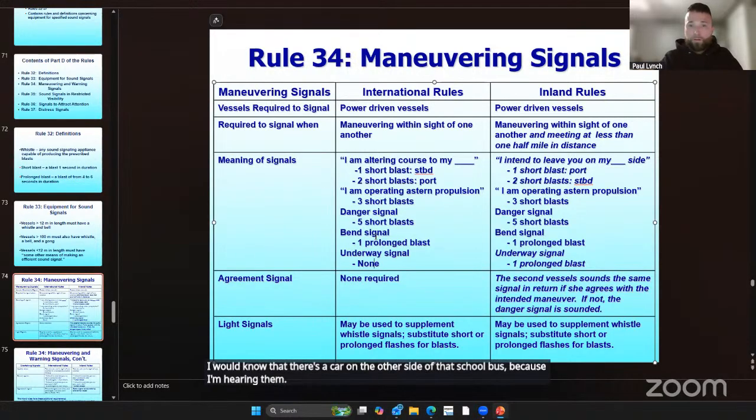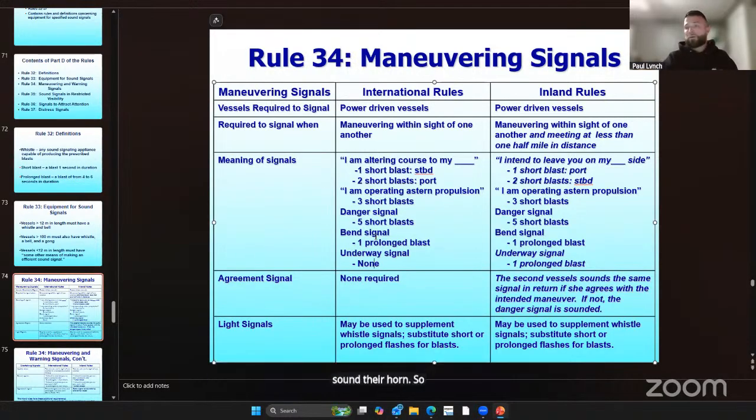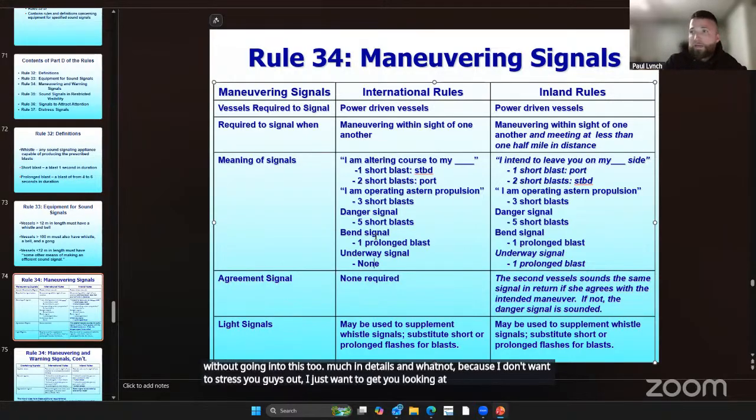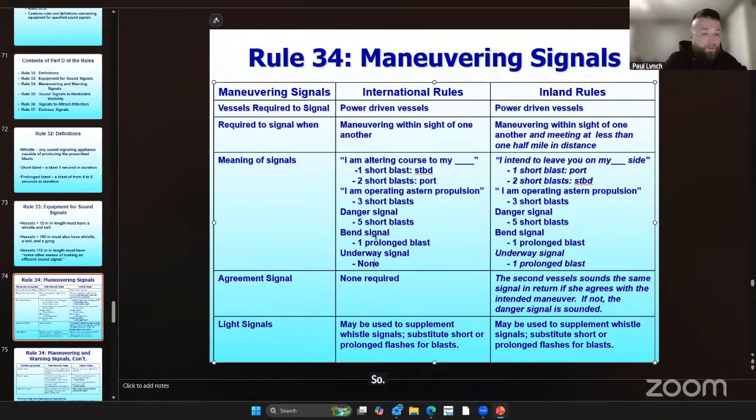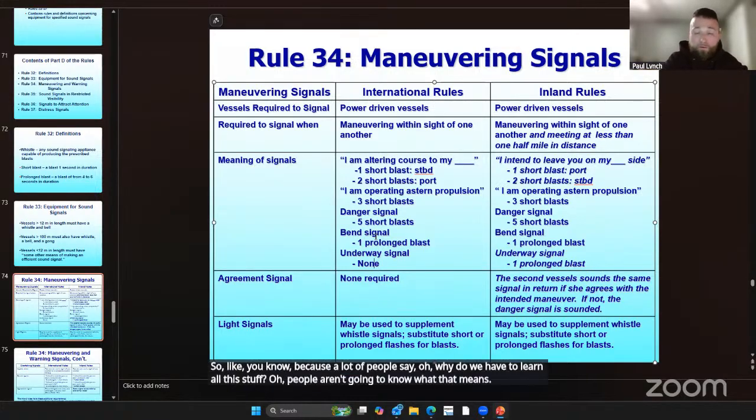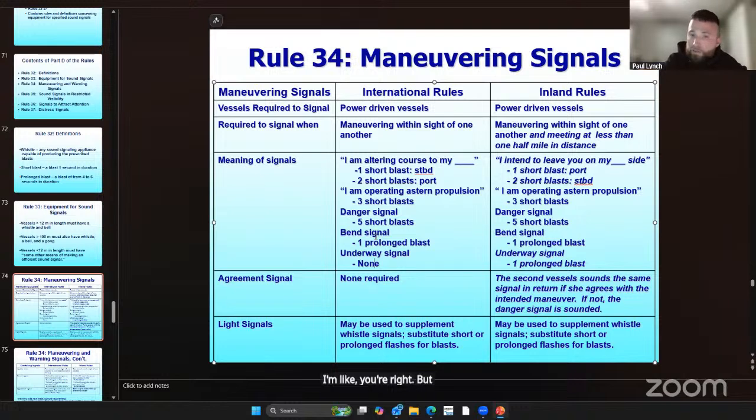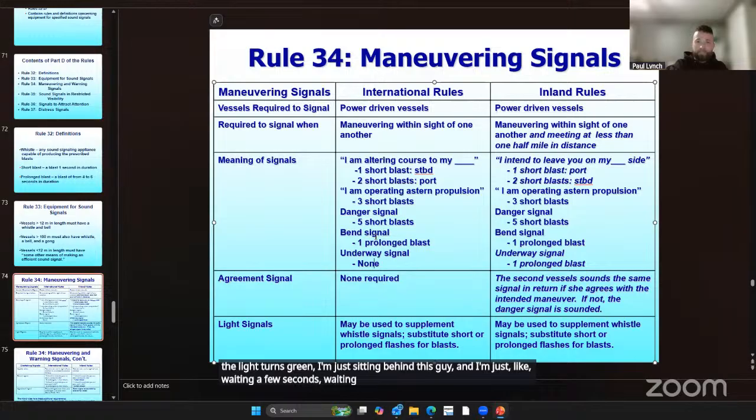So without going into too much detail, because I don't want to stress you guys out, I just want to get you looking at this one slide. A lot of people say, why do we have to learn all this stuff? People aren't going to know what that means. I'm like, you're right. But what is it going to get? Their attention. It's like when the light turns green and I'm sitting behind this guy waiting a few seconds and he's still sitting at a green light.